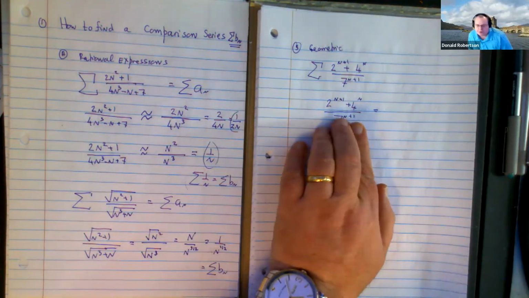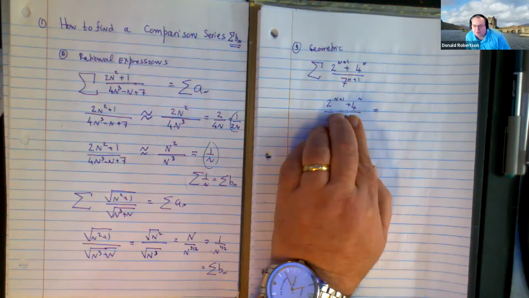I have a choice between 2 to the power of n plus 1 and 4 to the power of n. You pick the biggest power. Now, the biggest power in this case is 4 to the n, not 2 to the n plus 1, because isn't 4 to the n going to be a lot bigger than 2 to the n plus 1? Think of what it would look like when n is a billion, or the American debt. 4 to the American debt is going to be much bigger than 2 to the American debt plus 1.